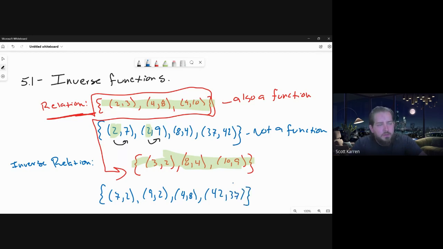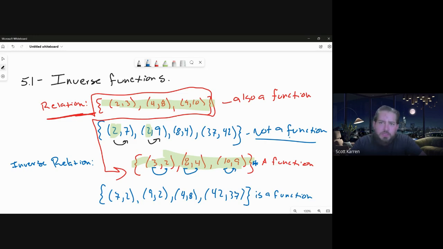And so this one here is a function because each of my inputs goes to an individual output. So 3 only goes to one place, it goes to 2. 8 goes to 4, 10 goes to 9. So this is a function. And this other one is a function, but it doesn't really matter, because it's the inverse of something that wasn't a function.